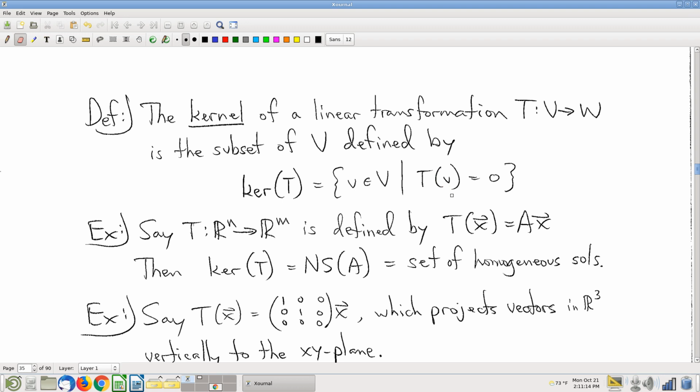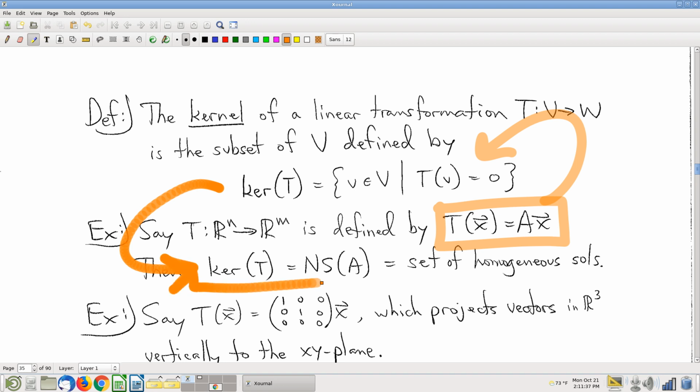And it's a pretty familiar idea. Let me connect the dots to what you're probably thinking about. Think about this function here. Again, we've done a lot with this function, namely the function defined by a matrix. For this function, the kernel is just the null space, right?